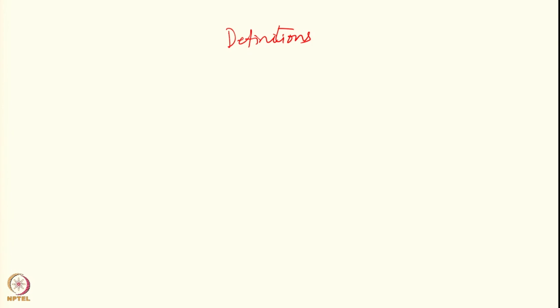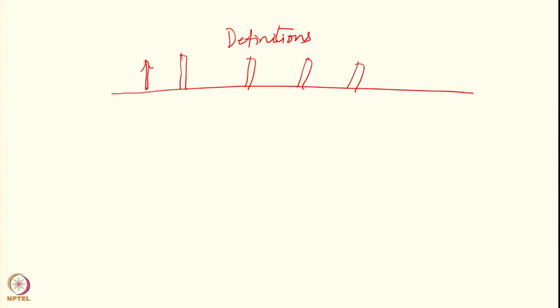In a generalized multipulse experiment you have various kinds of evolution periods and preparation periods, as I mentioned here. You start from the initial magnetization, and the magnetization flows through these various time periods. This may be T1, T2, T3 and so on.